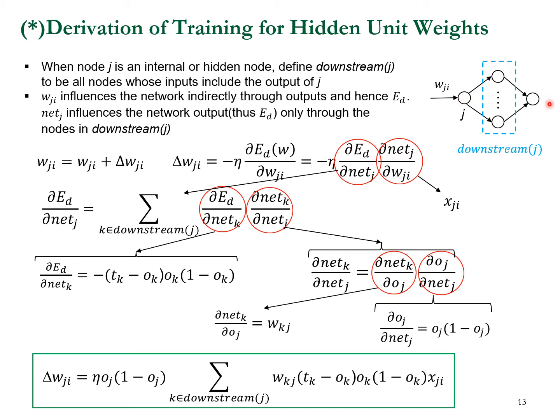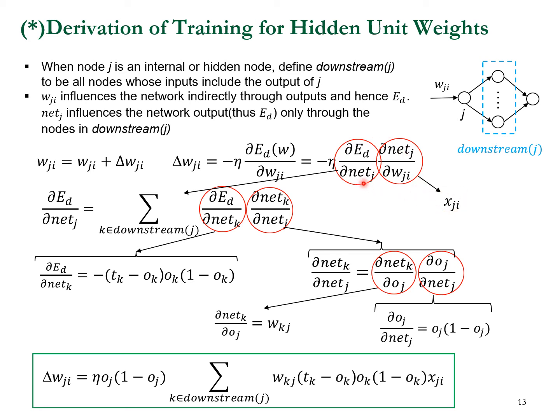So this is true, and this part is easy. This is the derivative of net J with respect to Wj. This is super easy. If you remember the definition of net, this is xji.